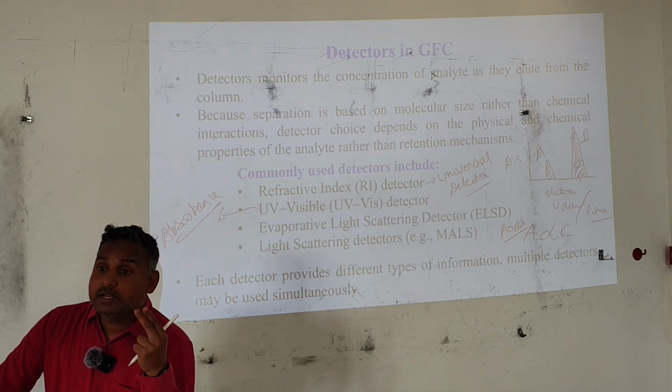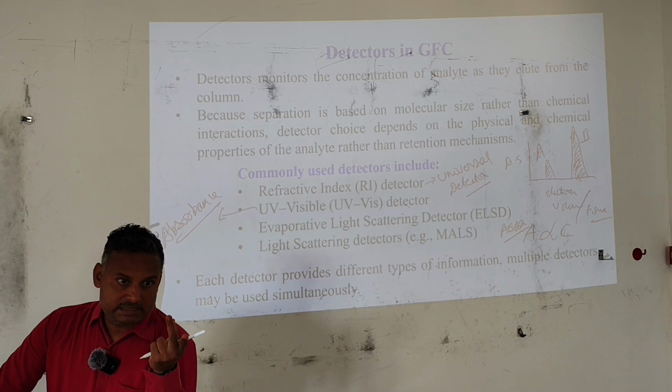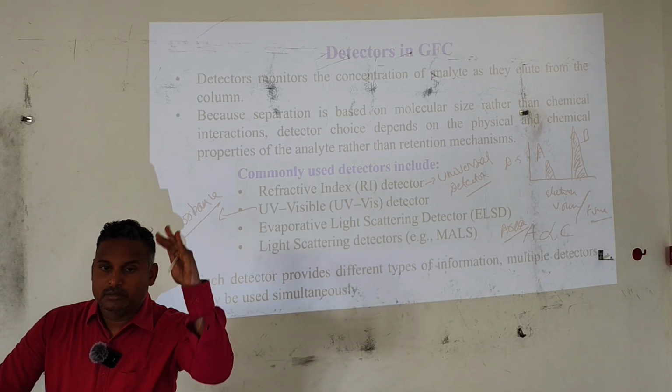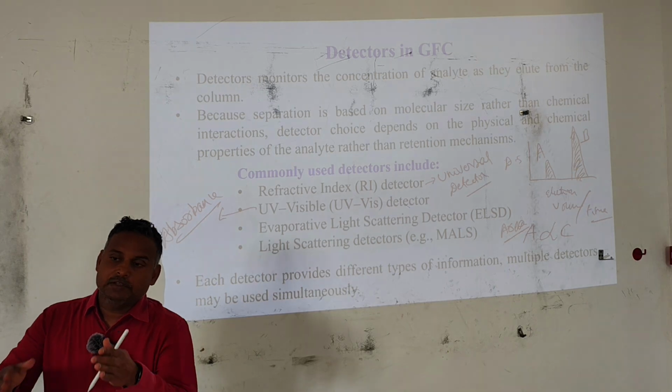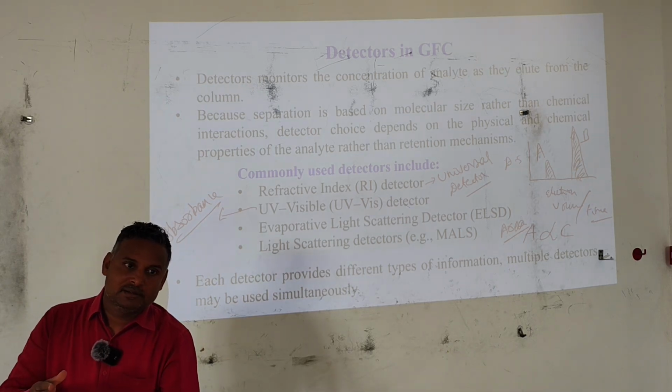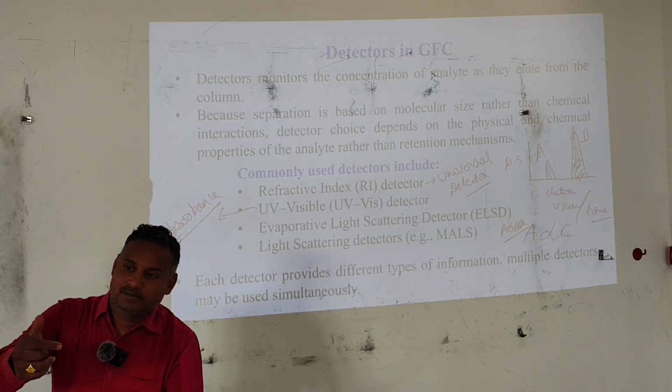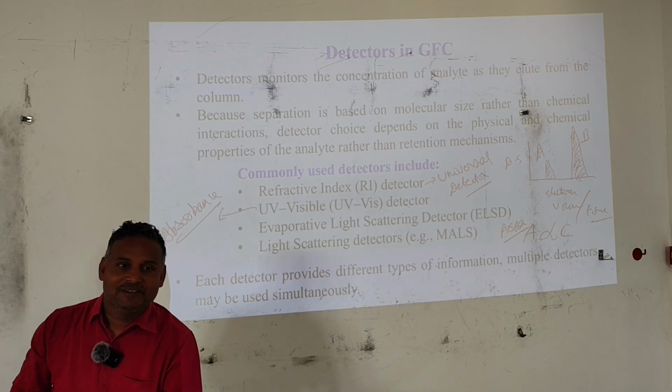In that way, you can use multiple detectors. When you are using multiple detectors, your accuracy of the output will increase. But when we are having two detectors in the instrument, there will be more cost.